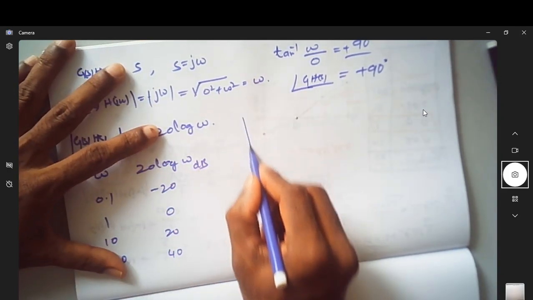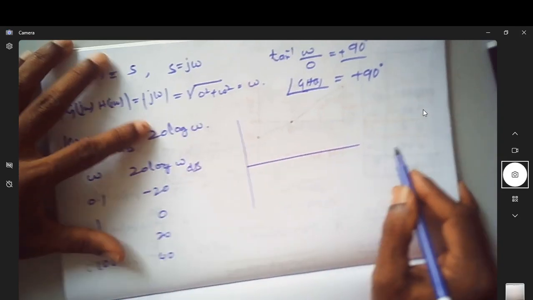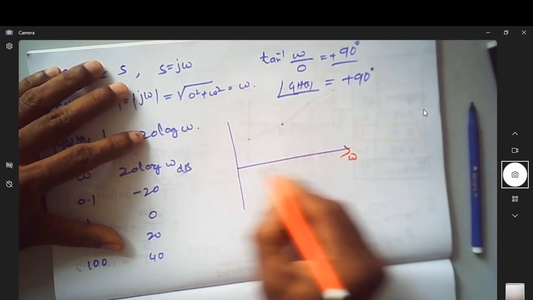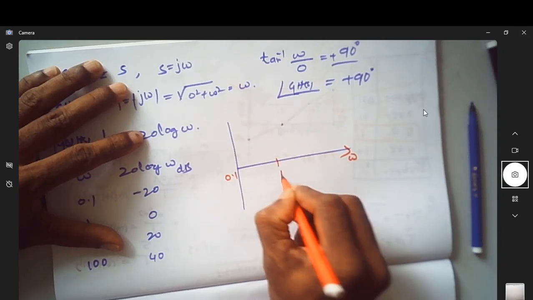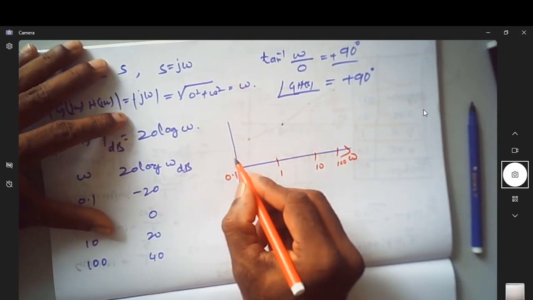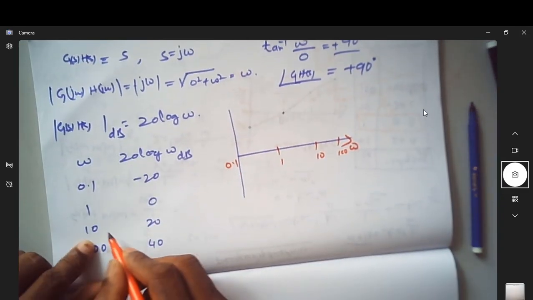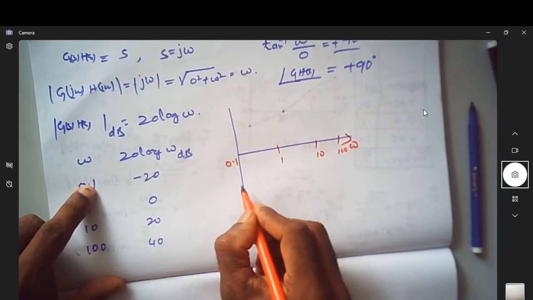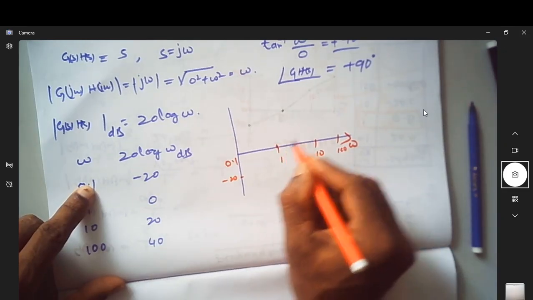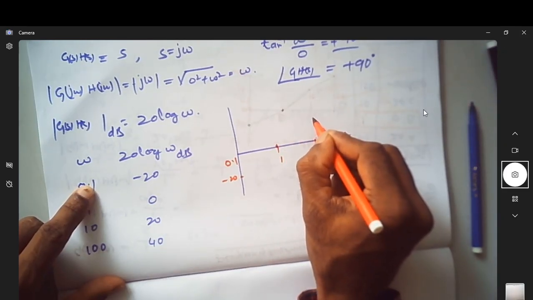If you actually write the line corresponding to this, the magnitude asymptotic plot, so this is omega starting from 0.1, 1, 10, 100. So magnitude at 0.1 radian per second is minus 20. At 1 it is 0. At 10 it is plus 20.